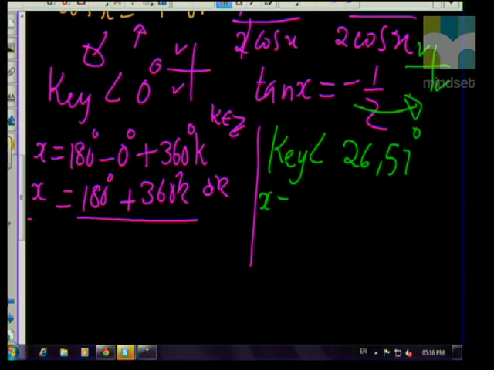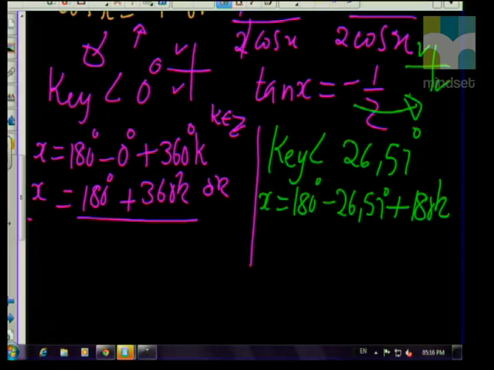So x is 180 degrees minus 26.57 plus. Now remember, the period of tan is different from sine and cos. So this one is going to be 180 degrees. Now, so you work it out.